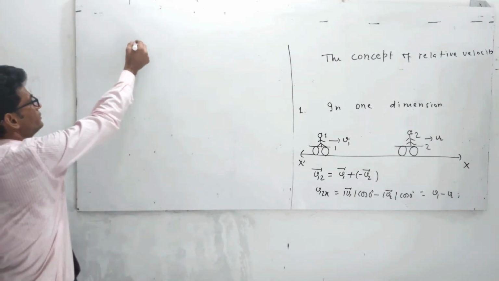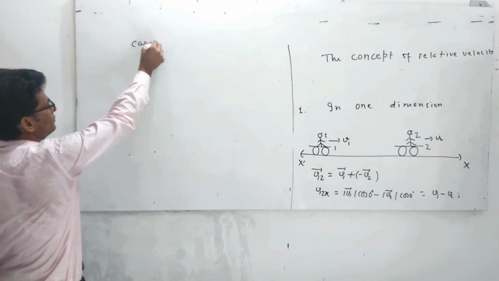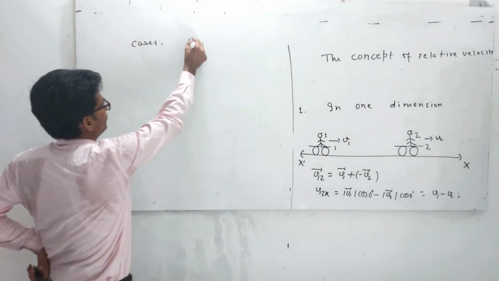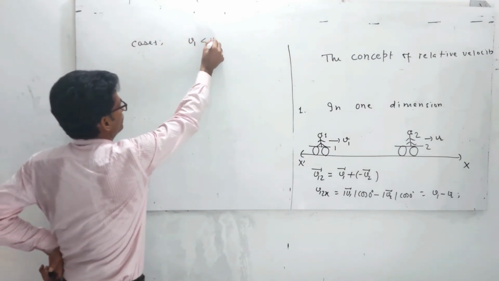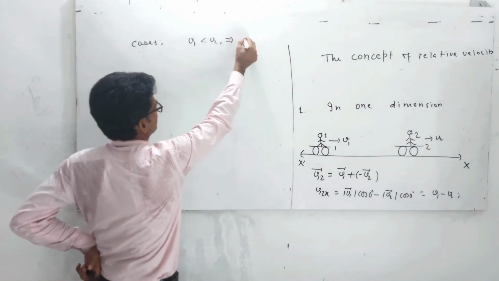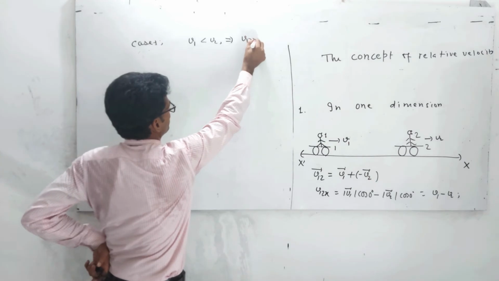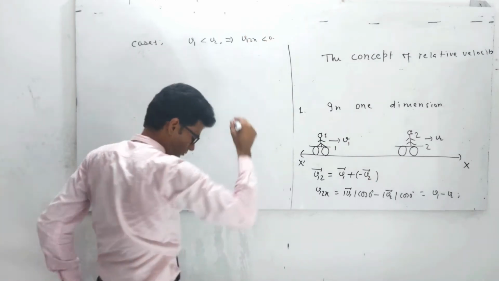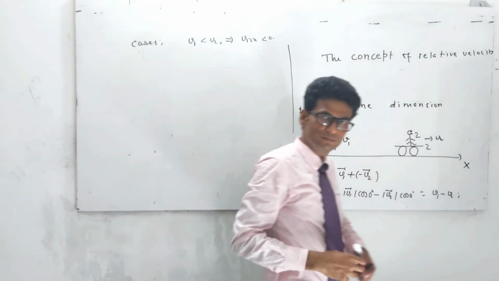So here, case 1, say V1 is less than V2, then it implies that V12x is less than 0. What does it mean?